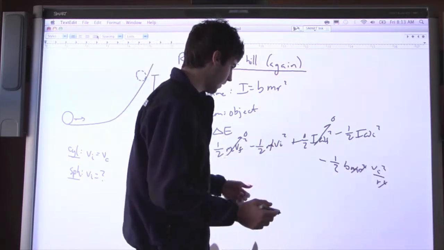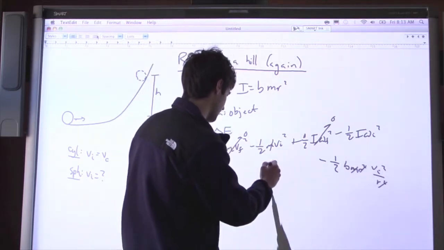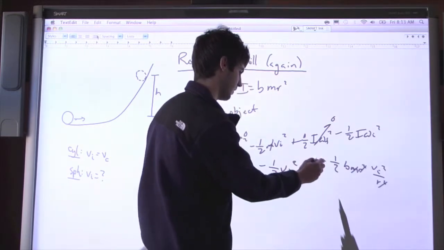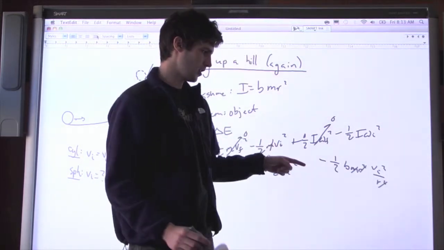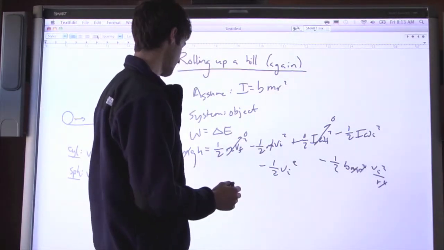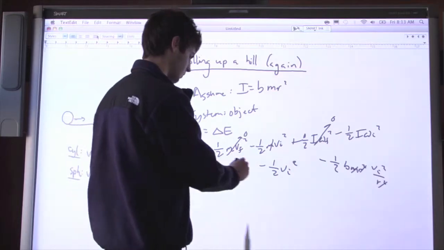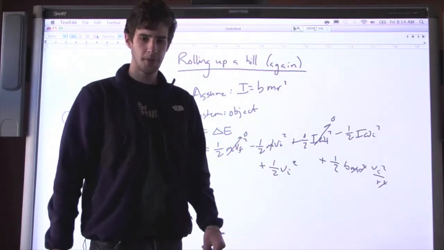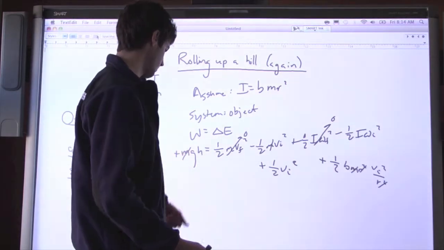So right now, we're at a point where we're going to say minus 1/2 v initial squared minus 1/2 b v initial squared, and that equals minus gh. So I'm going to make all these minuses pluses. That's fine. I'll just multiply by -1. And then I'm just going to solve for h.